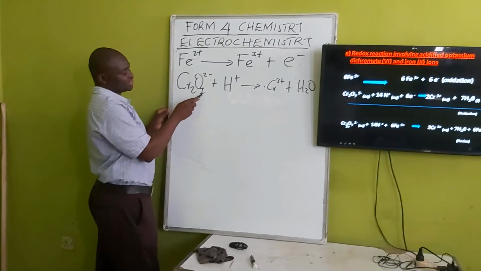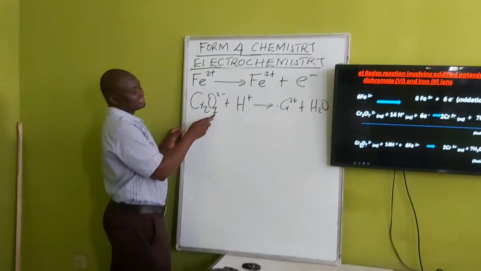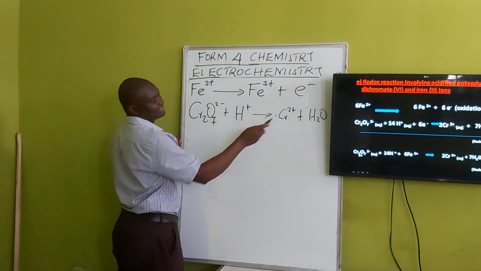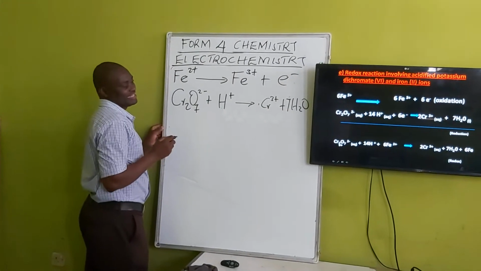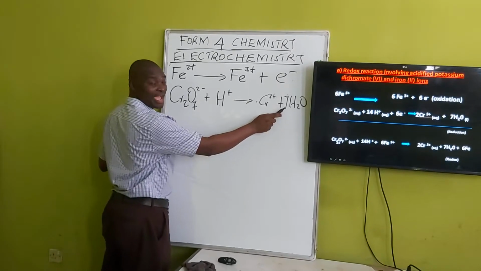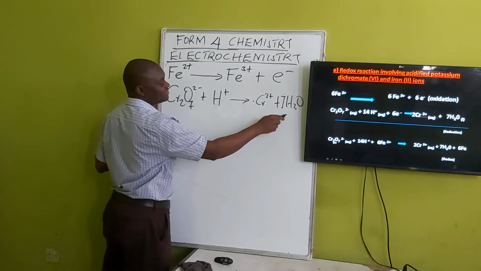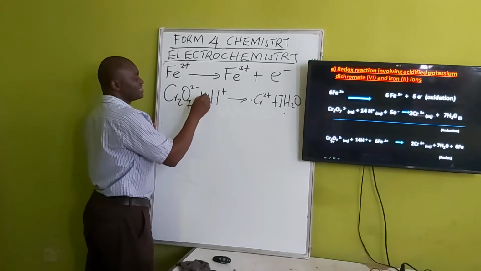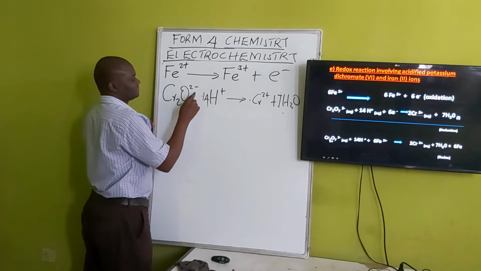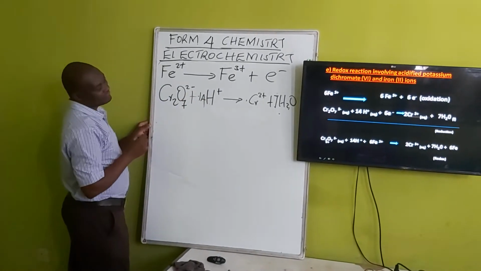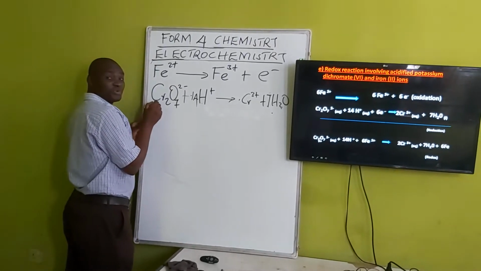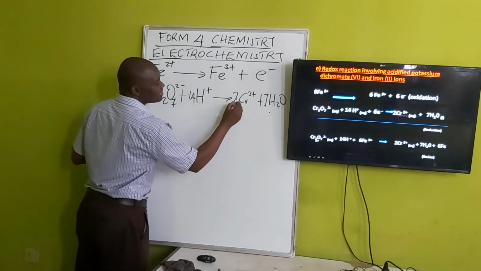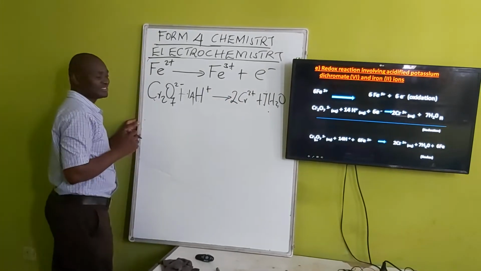We balance oxygen. We have 7 oxygen on the reactant side, and on this side we have 1 oxygen, so we make water to be 7. Hydrogen is 7 times 2, which is 14 hydrogen, so we make this one 14. Then finally, we balance chromium. We have 2 chromium atoms, so you must have 2 chromium ions.